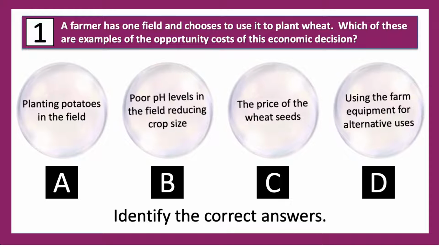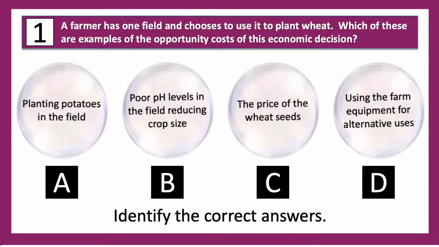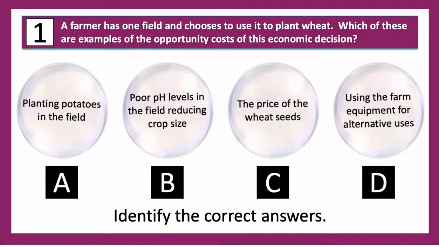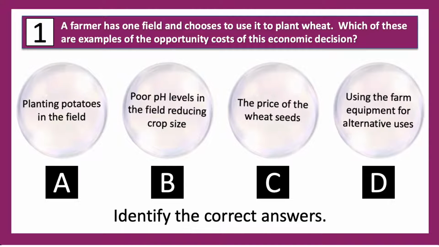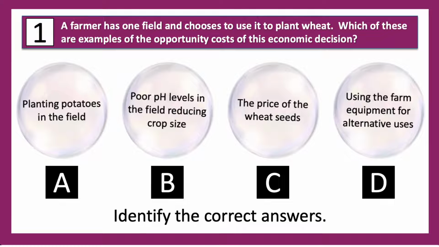So I can see somebody's come straight in with A and D. So do you agree with that? Yeah, got another A and D and another and another. So it seems very clear. Everybody thinks it's A and D. Oh, I've got A and D separately.